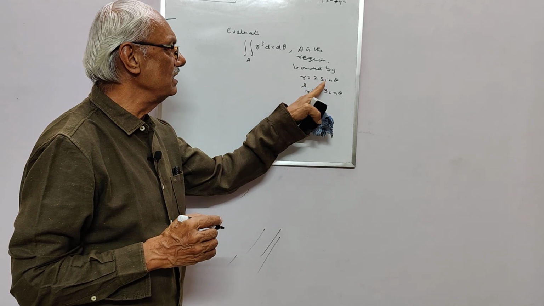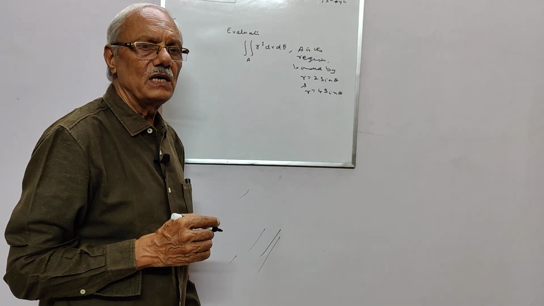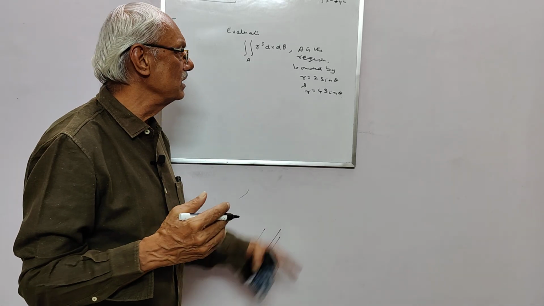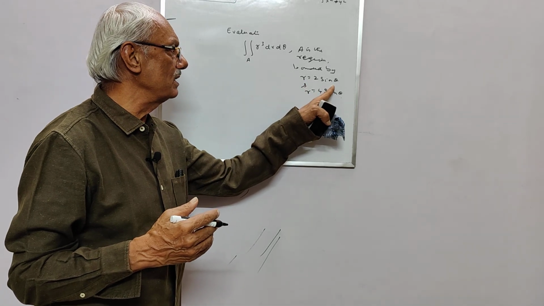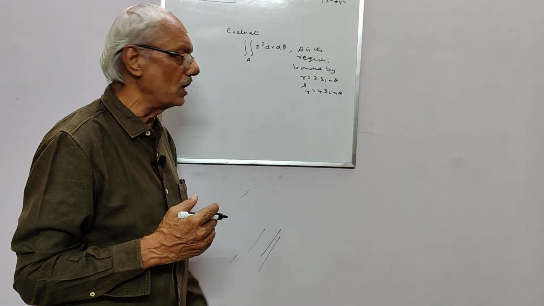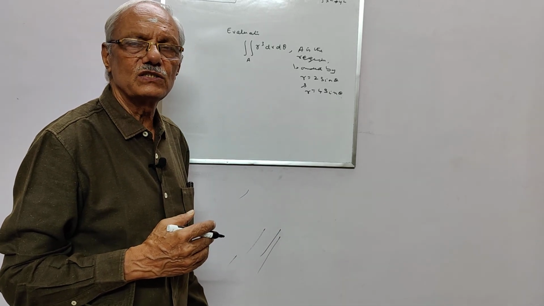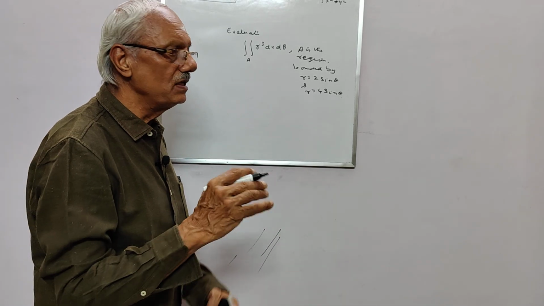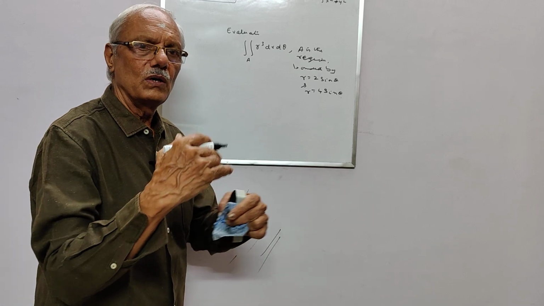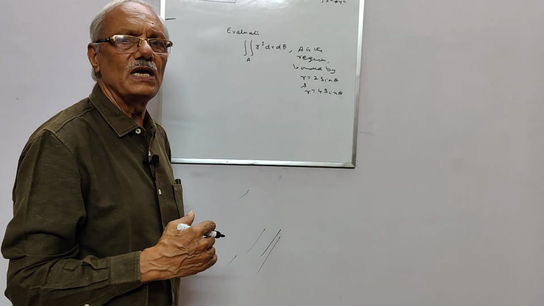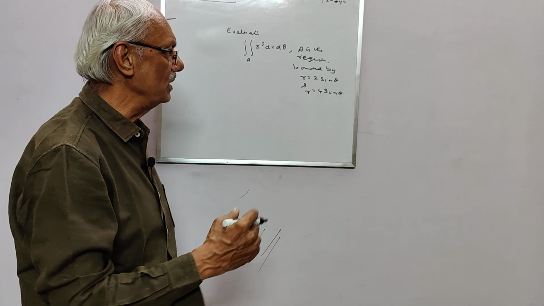Actually, these two represent circles in polar coordinates: r is equal to 2 sine theta is a circle with radius 1, and r is equal to 4 sine theta is a circle with radius 2, and these two bound an area over which this particular integral is evaluated.